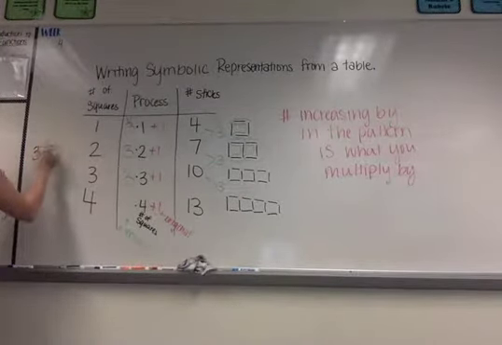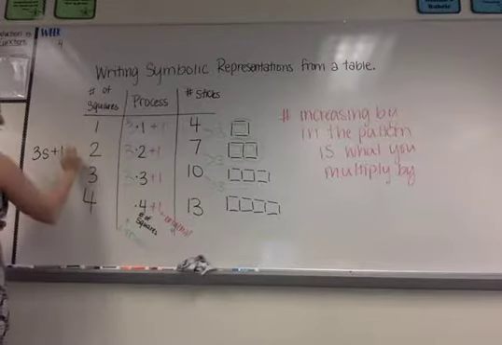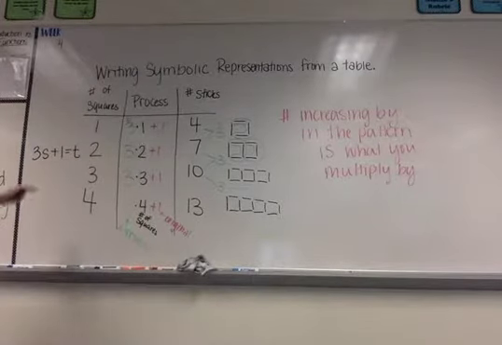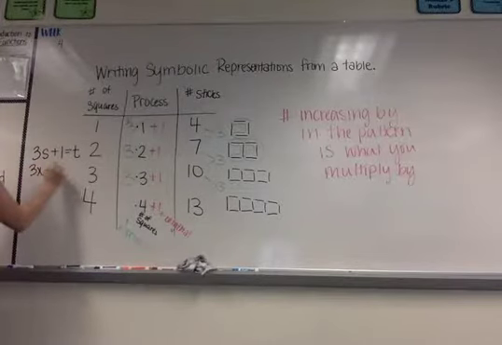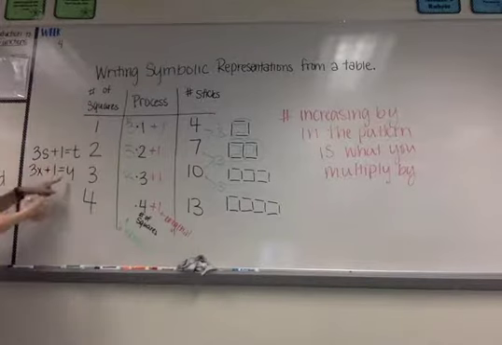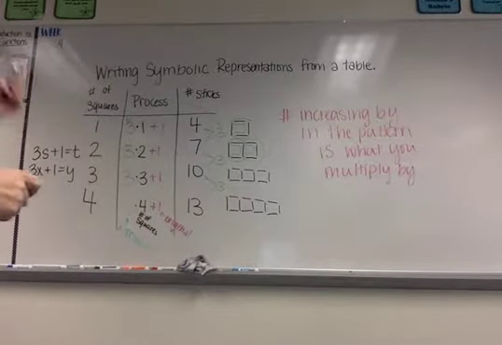I'm just going to put S for squares plus 1 equals the total. I'll just put total. You will also see them written as 3x plus 1 equals y. Remember, x is the independent, so this one, and y is the dependent. Okay, so that's the last example I wanted to do.